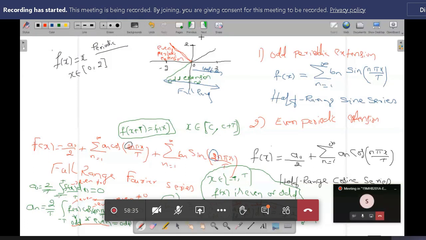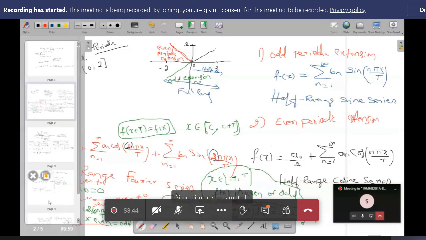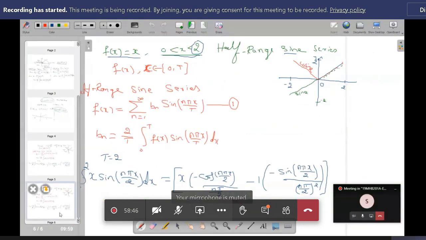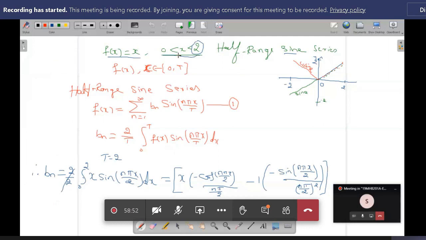Now it is given as a half range. So in the half range, we define the function from 0 to t itself, not from minus t to t or from c to c plus t.